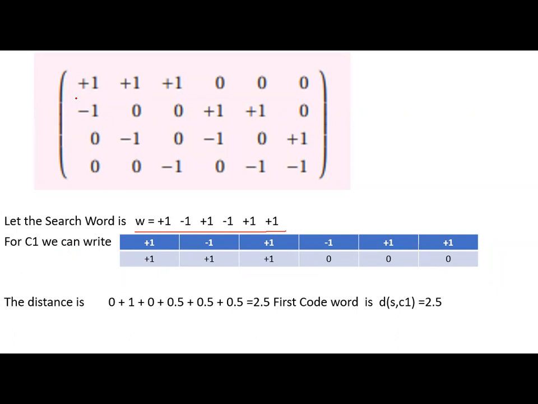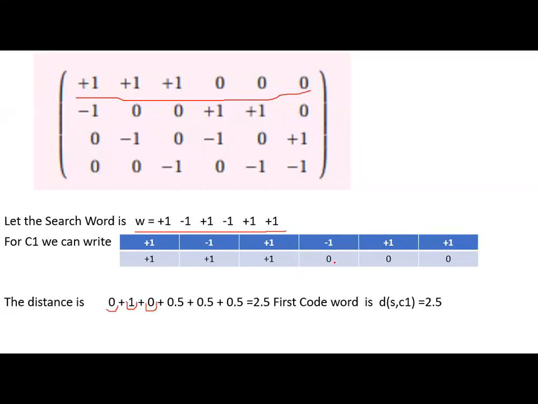Now the first code is +1, +1, +1, 0, 0, 0. Because these two are equal, the answer is 0. Because these two are not equal, the answer is 1. Because these two are equal, the answer is 0.